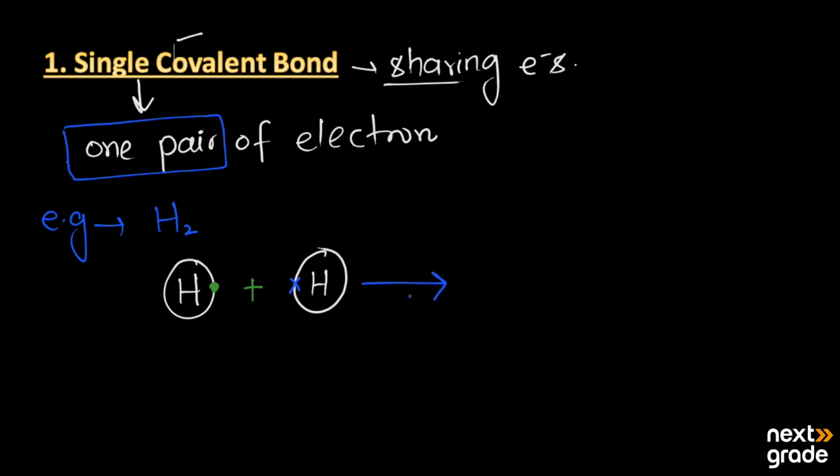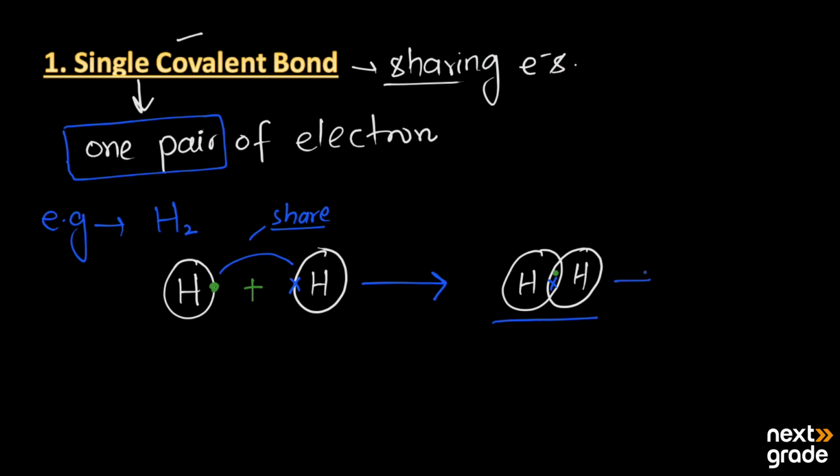When the covalent bond is formed, both hydrogens will share their electrons, like this. And this is the hydrogen molecule. We can show it as H2 in its electron dot and cross structure, and we can also show it with a line between the two atoms. The single covalent bond is shown with a single line between the two atoms.